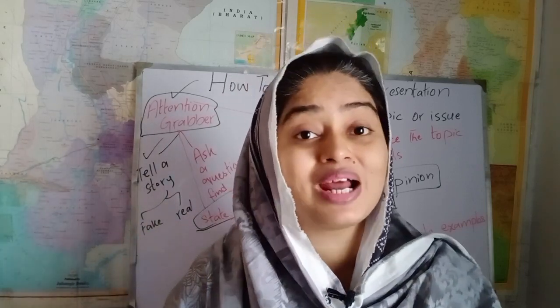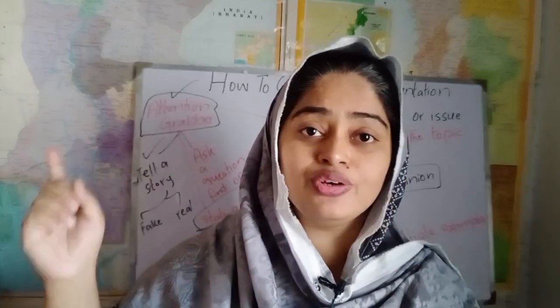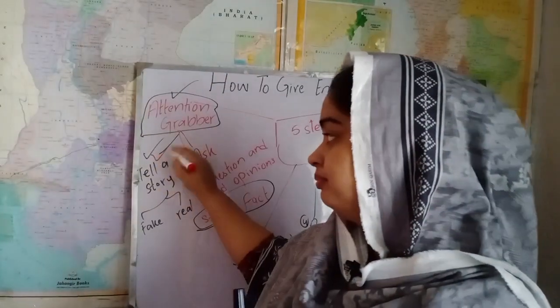And in this way, from the very start to the very end, you have to adopt these five steps. And giving a presentation is all about visuals, which we can watch, which we can see. So if you are illustrating the story, there should be an image of the story.